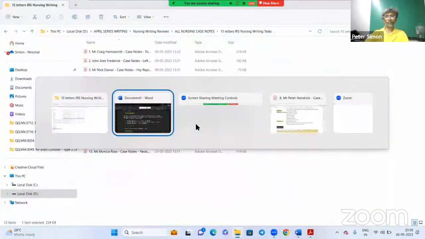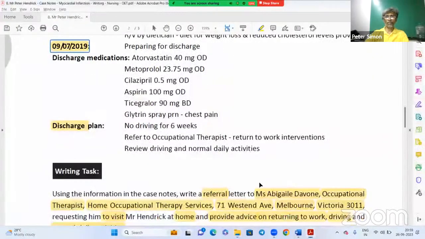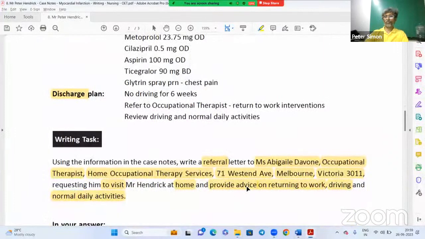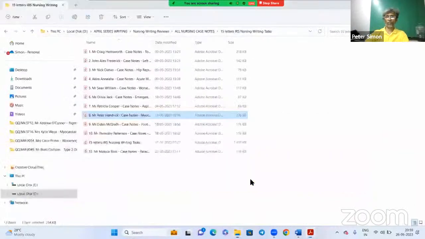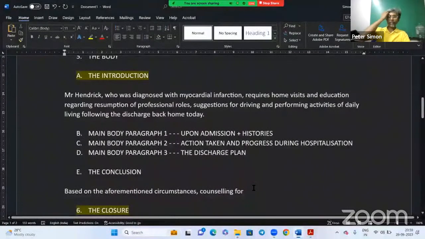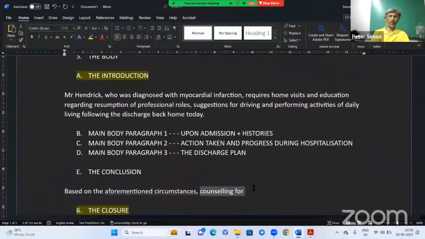Yeah, counseling for or advice for resuming work. Counseling for guidance for, advice for, guidance. Change the words and write. Or suggestion. Okay, suggestions we have already taken there.